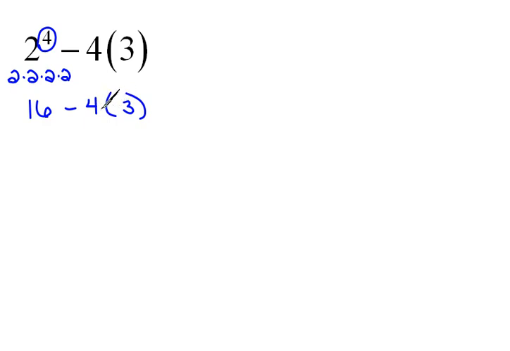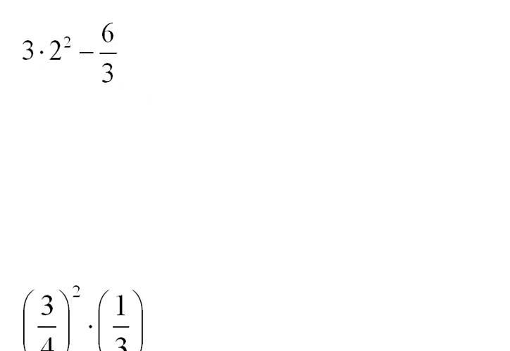It's not written as a little dot there for multiplication, but when there's no operation between the numbers, it's automatic that it is multiplication. So because multiplication comes before subtraction in order of operations, we have to do the multiplication first. So 4 times 3 would be 12, and I'm going to recopy everything else. Now this is saying 16 minus 12, which we can do, and our answer should be 4.